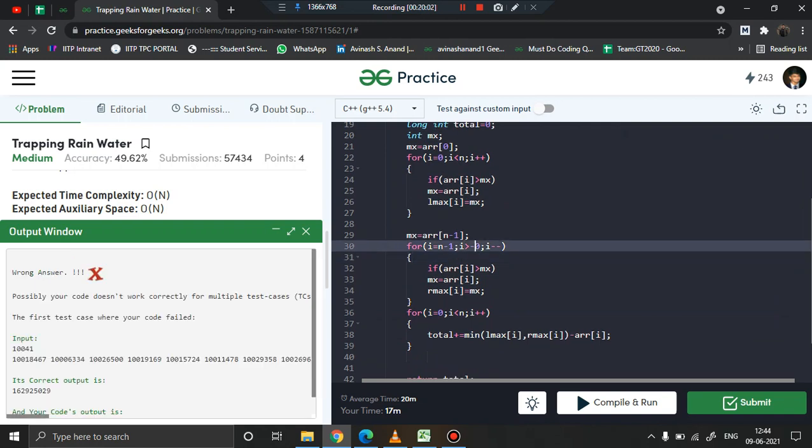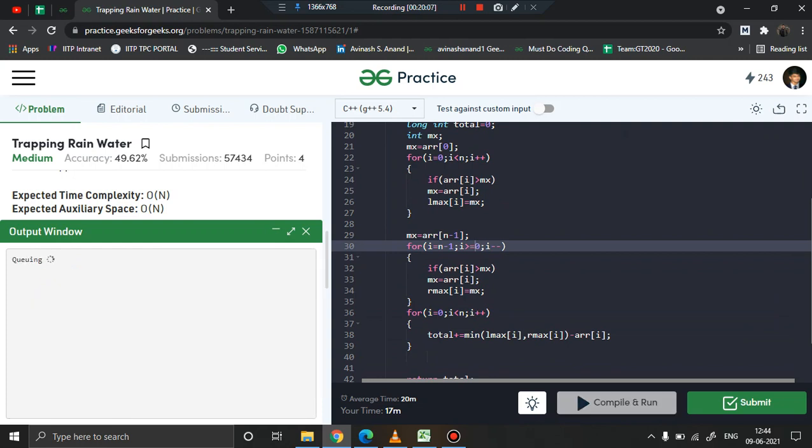Okay, greater than minus 0. I don't know why I've written minus 0 here. Greater than or equal to 0, right? So yes, I think now it should work fine.